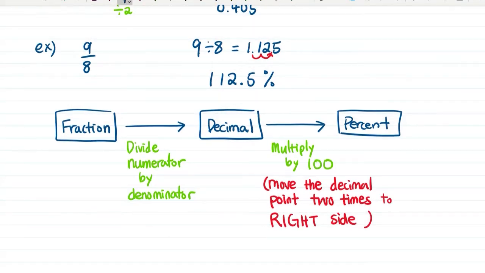Also, if you want to find the decimal from the percent, then you would have to divide by 100. And when you're dividing by 100, that means you're moving the decimal point 2 times to the left side this time.